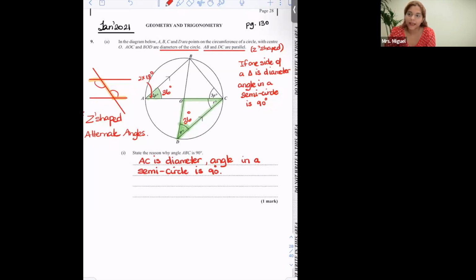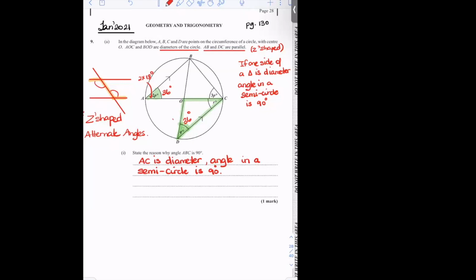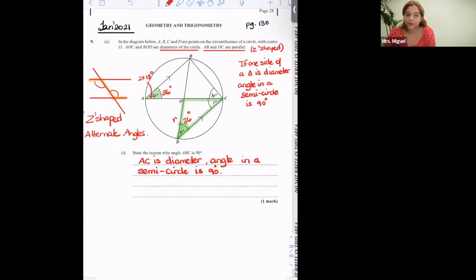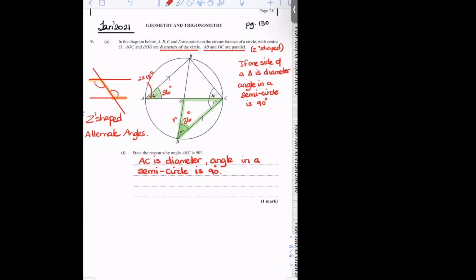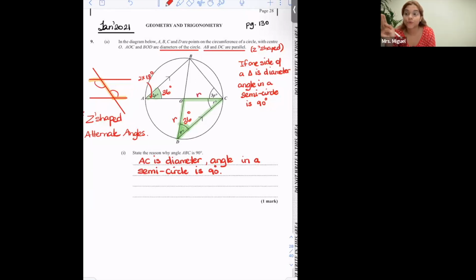Radius. The radius. What is the line OC called? A radius. So when we have a triangle bounded by 2 radii, I told you all that yesterday, an isosceles triangle is formed. So the measure of R is 36 degrees because OCD is an isosceles triangle.